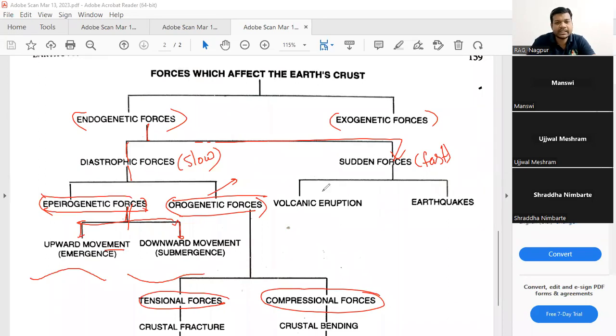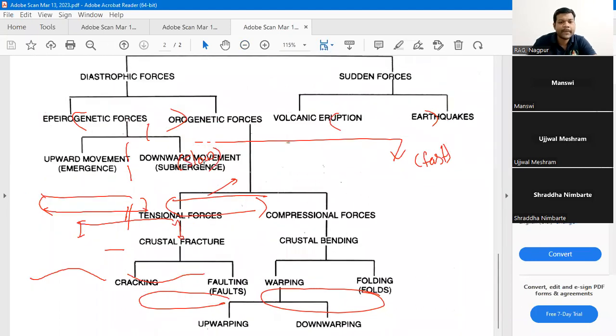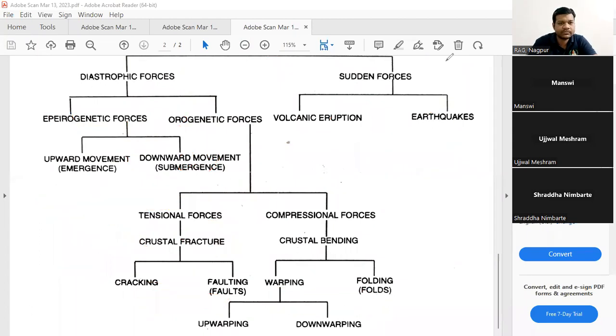The tensional forces are divided into crustal fractures, which actually fracture the crust.